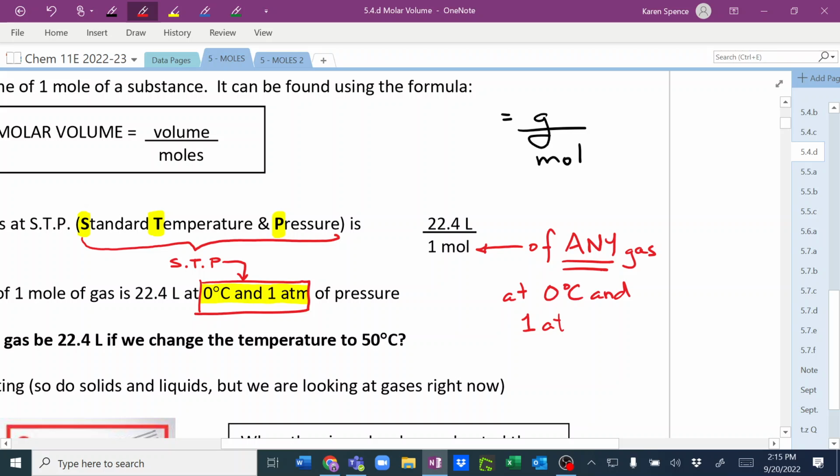Atmosphere, okay? 1 mole of any gas at 0 degrees Celsius and 1 atmosphere will occupy 22.4 liters of space.